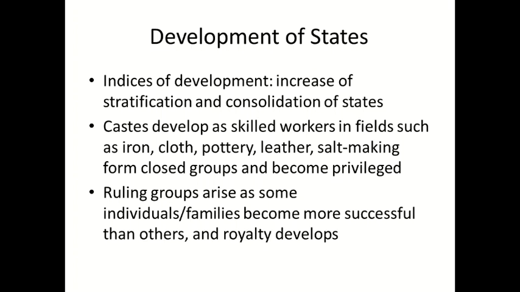As castes develop, you start to have a ruling elite in a sense. Skilled workers in fields such as iron, cloth, pottery, leather, salt making form close groups and become privileged. Ruling groups arise as some individuals' families become more successful than others, and royalty develops.